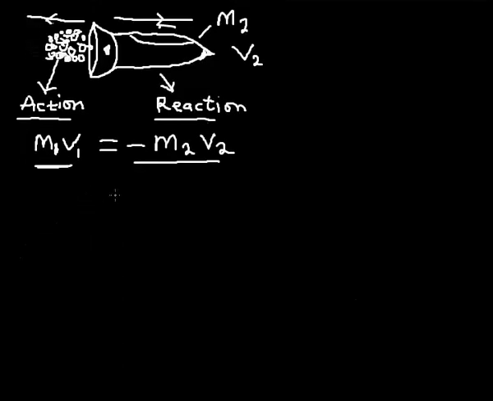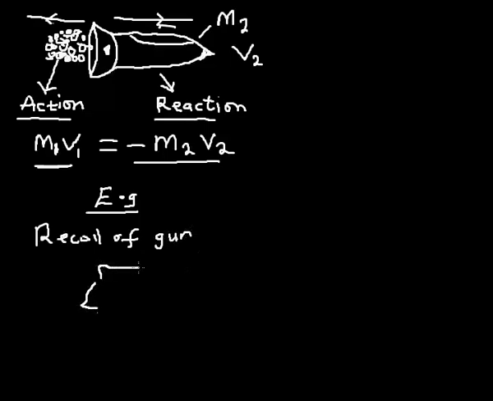Let's look at a typical example. One typical example is the recoil of a gun. A gun fires bullets with a very high velocity.